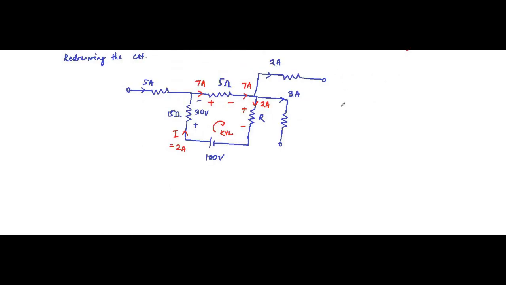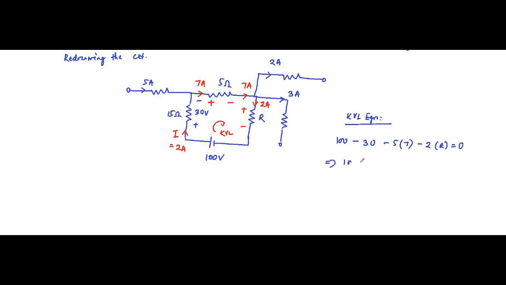So that KVL equation will be, I am using the second sign dominating method: 100 minus 30 volt, which is given already, minus resistor 5 ohm multiplied with 7 ampere current, 5 into 7, then 2 ampere multiplied with this unknown resistance R, minus 2 into R equals to 0. Okay, this is the KVL equation.